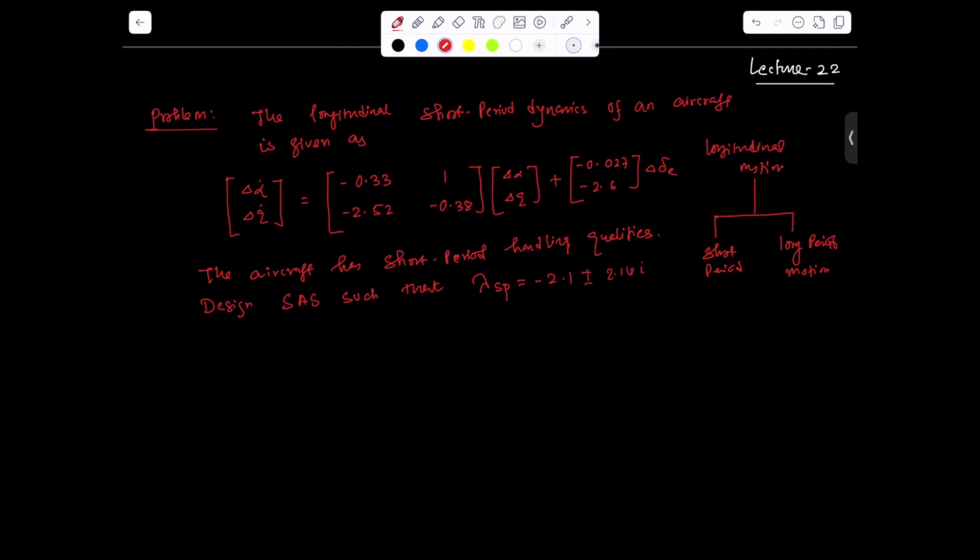So this is the problem, we have to design the stability augmentation system, and we have the desired poles. The system should follow these dynamic characteristics. So let's find the solution for this particular problem.